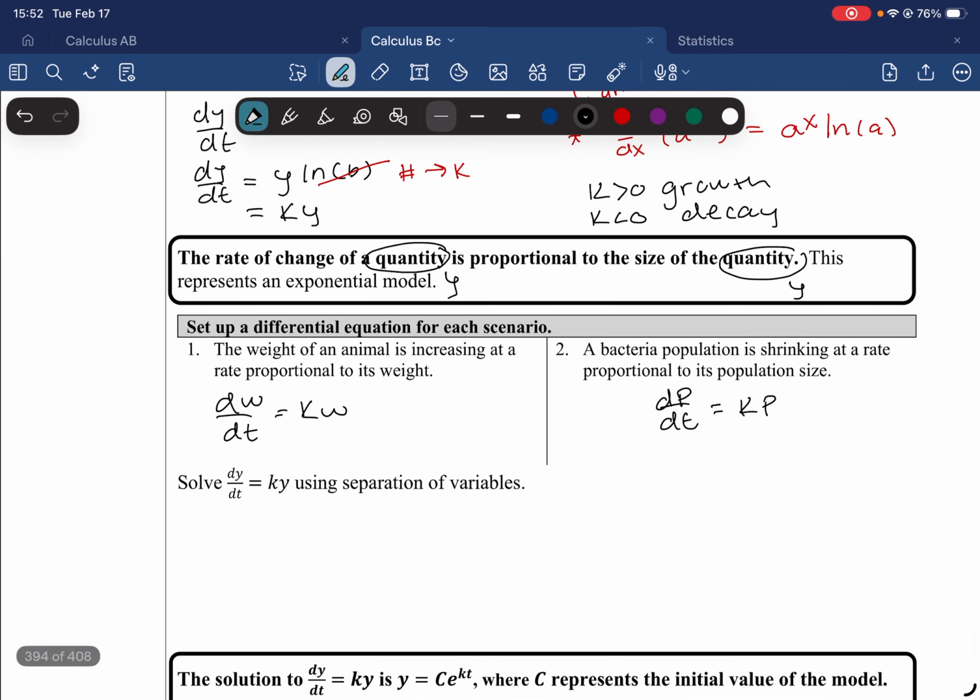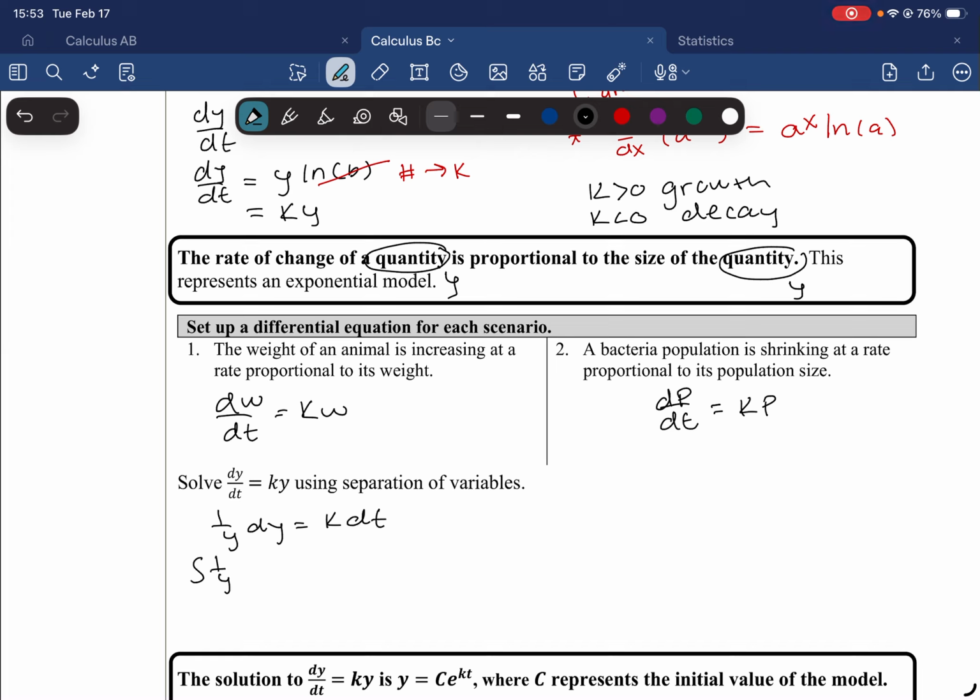Then it says, let's say we take dy dt equals ky and use separation of variables to find a solution. Remember, separation of variables means we have to get the variables on the same side. So I'm going to end up moving dt with the k and y with the dy. So this becomes 1 over y dy is equal to k dt.